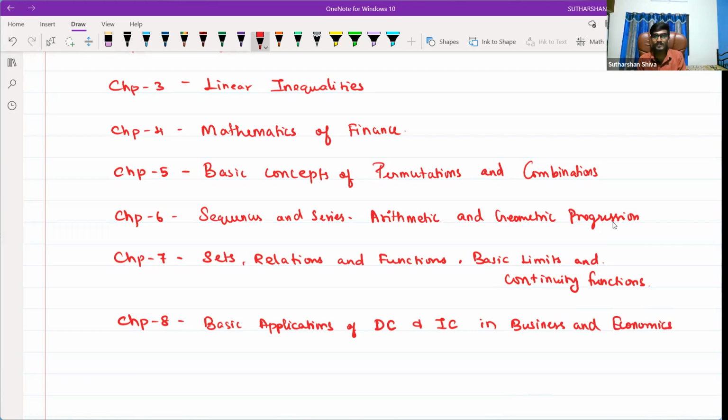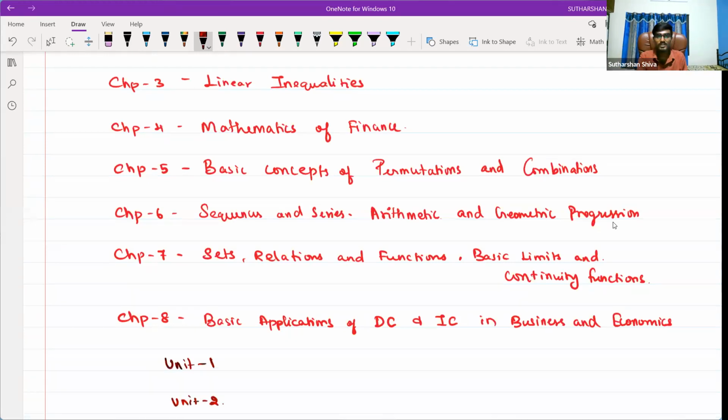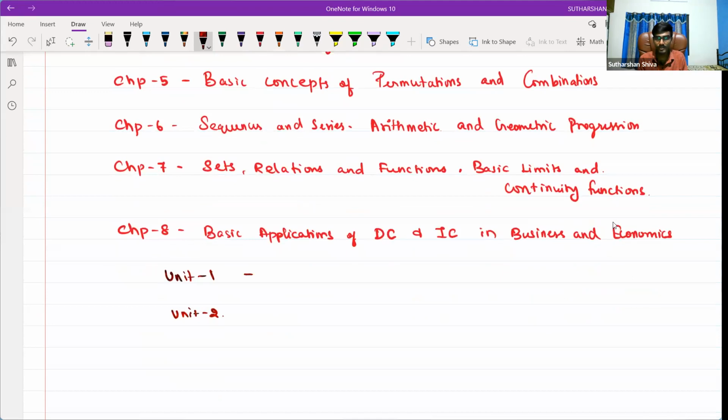We'll just learn what is differential calculus, what is integral calculus, and how I am going to apply it in business economics. In this, the institute has bifurcated it into 2 units. As the name suggests, unit number 1 is based on differential calculus. Unit number 2 is based on integral calculus.